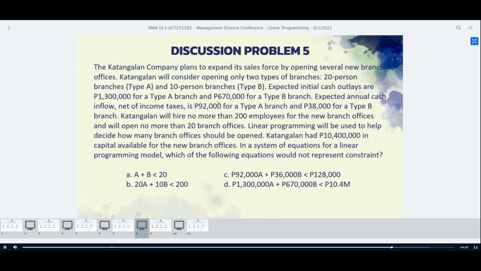Pero pansinin mo, meron kang 92A kay A, tsaka 38 for B. Pero dito 36. Kaya ito yung maling sagot, no? Sa letter C. Na-gets ba yan, class? Opo.